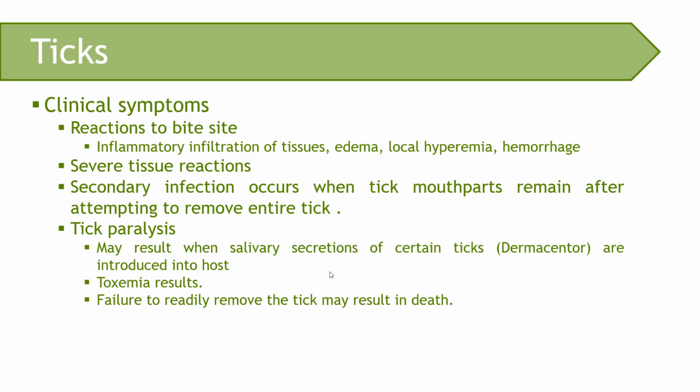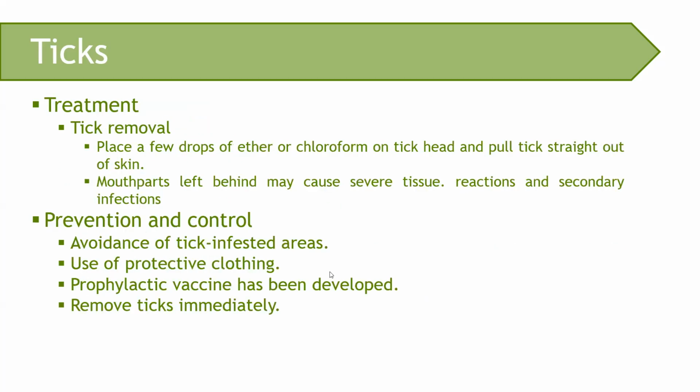That can lead to toxemia, which can lead to tick paralysis, and in the worst case, death. Treatment is tick removal: place a few drops of ether or chloroform on the tick head and then pull it straight out of the skin. Prevention is to avoid tick-infested areas.